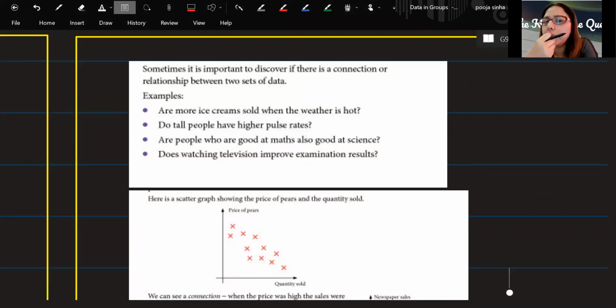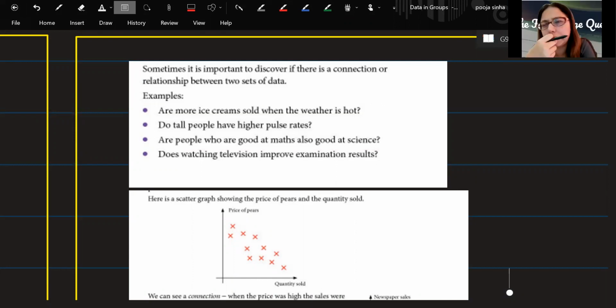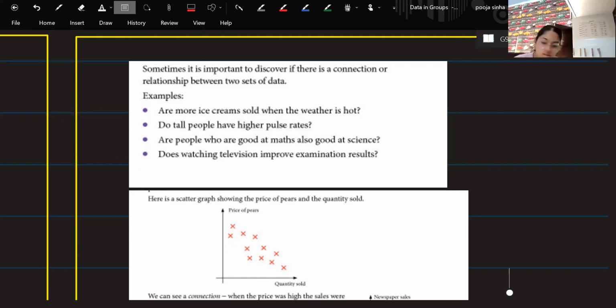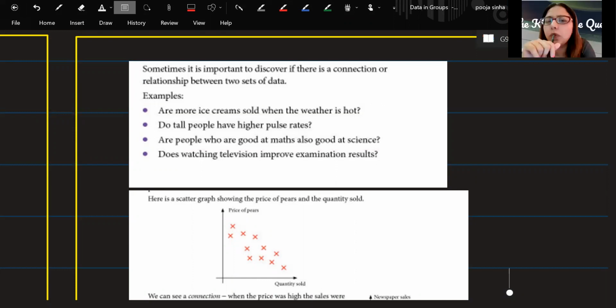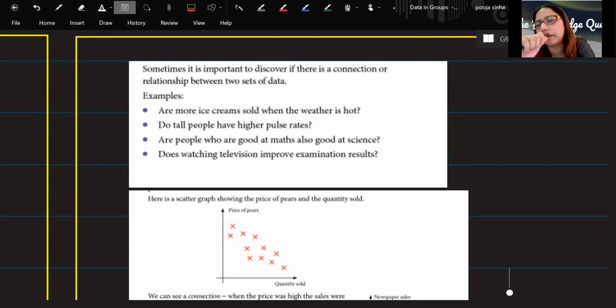Okay. Do tall people have higher pulse rates? I don't know. Not sure. Maybe yes, maybe no. Okay. Are people who are good at math also good at science? Not always. Sometimes maybe, sometimes maybe not.